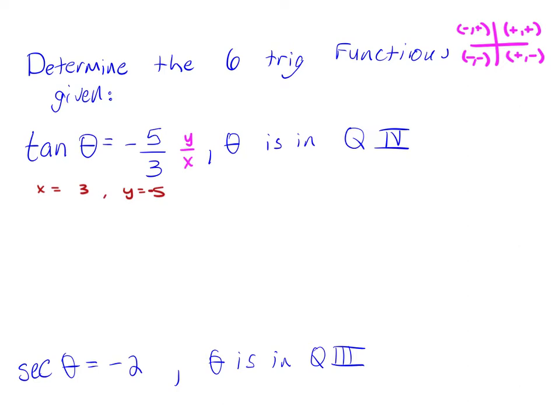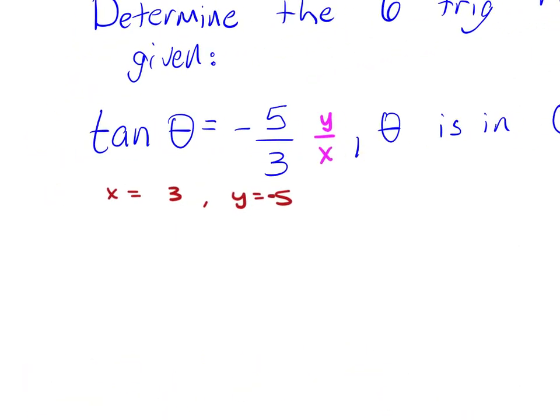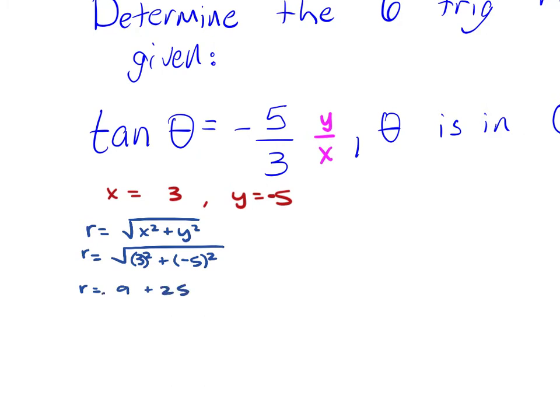So if tangent is negative 5 over 3, that's y over x, we're going to find r, because we're missing the r. To find r, you're going to take the square root of x squared plus y squared. So that's going to give us the square root of 3 squared plus negative 5 squared. 3 squared is 9. Negative 5 squared is 25. 9 plus 25 is 34.